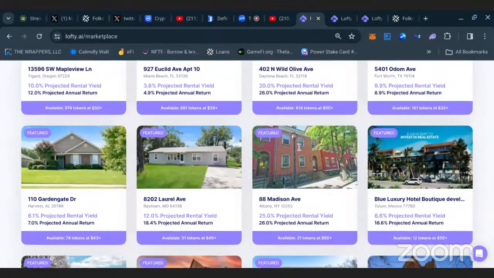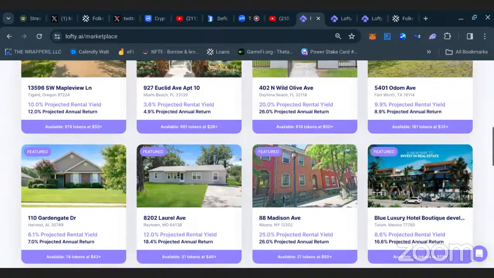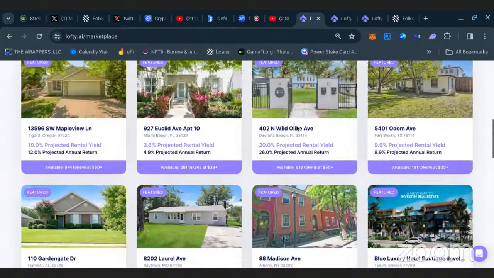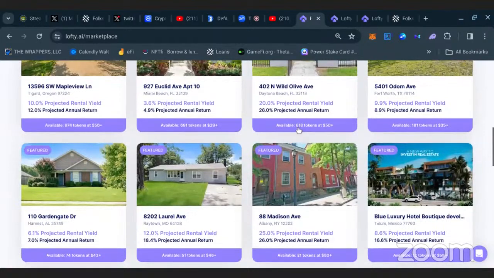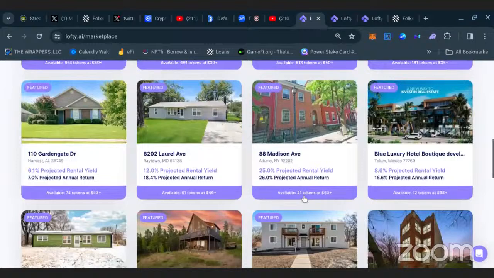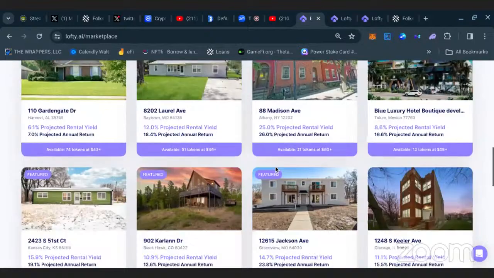If the projected rental yield is anything close to what I'm getting from the Airbnb property at 88 Madison, then it should be good, right? There's only 618 tokens left. This one has 21, and you can tell this one keeps changing, going from 1 token to 100 tokens to 21 tokens because people are buying these up. But that also means people are adding them to the liquidity pool.